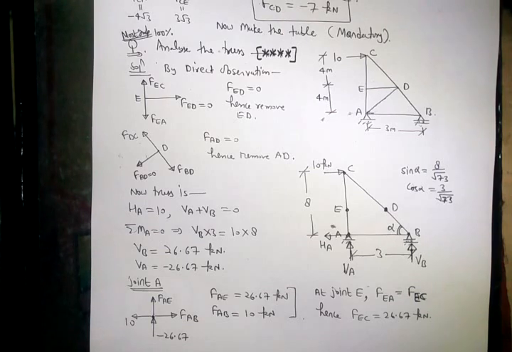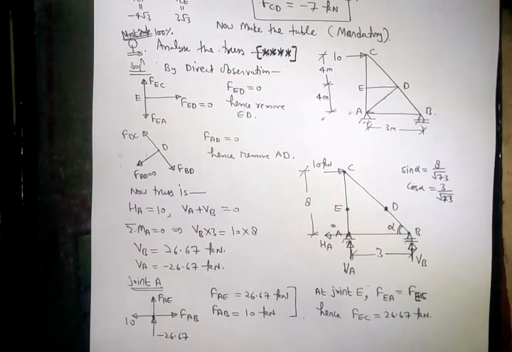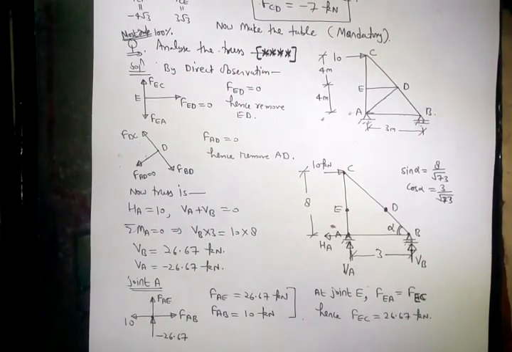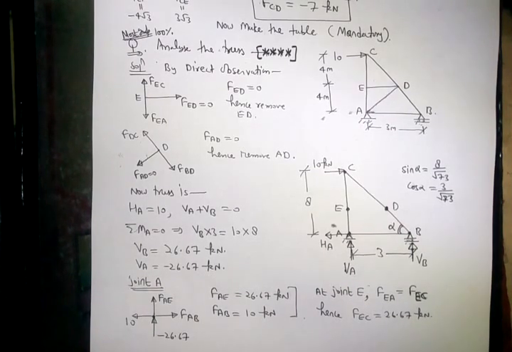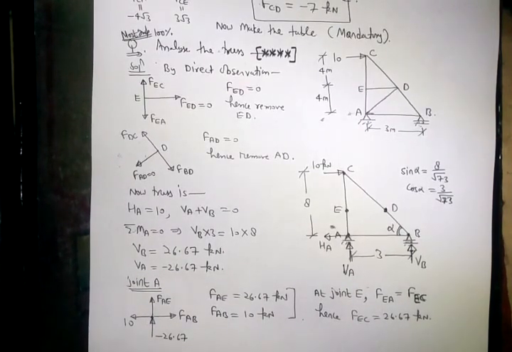Now, by direct observation, we can conclude some points. What are those points? We can say that at joint E, 3 members are connected, EC and EA are straight and ED is at an angle, right?